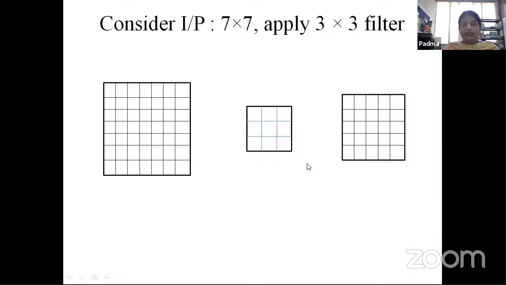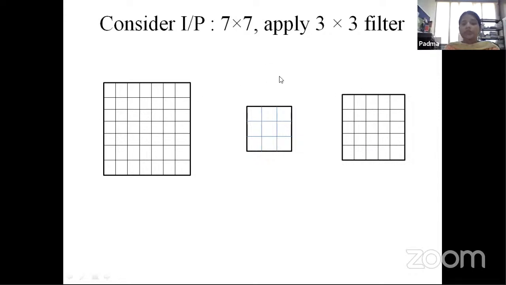Otherwise, instead of P equals 0, if I take P equals 1, then my result would be different, right? Because we have applied this filter on the input, it resulted in a 5x5 output image.